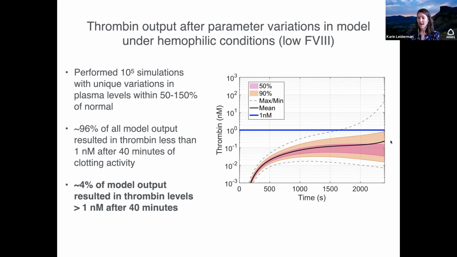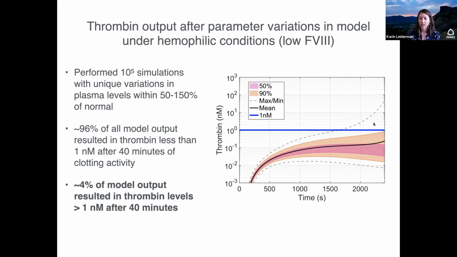The maximum value from all these variations is shown by this gray dashed line, and the minimum by the gray dashed line down on the bottom. Between the orange line and the gray dashed line is about 5% of all the simulations, and down here is another 5%. And remember, there are 100,000 of them. We did a lot of different variations.